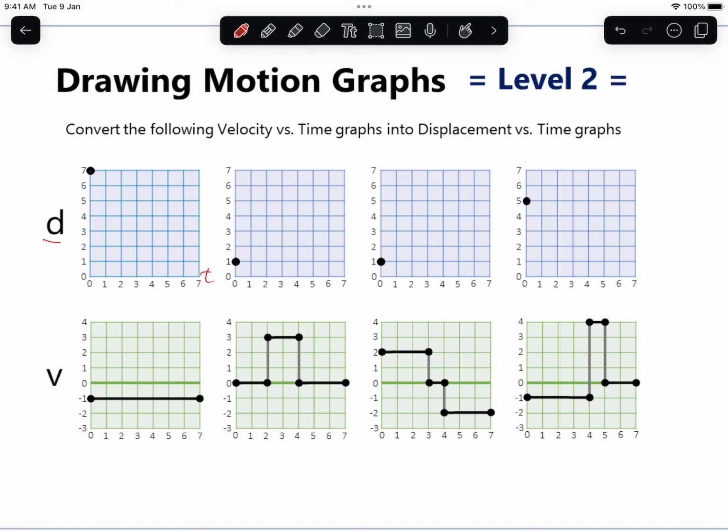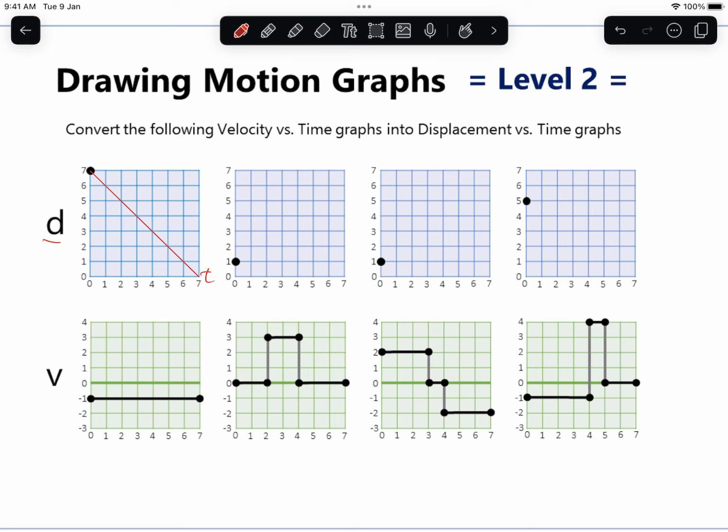If velocity is -1 the whole time, that means I need a slope of -1 the entire time. So a slope of -1 would have to be a negative distance over a positive time, since we're not going backwards in time. And so that means I'm going to be going back 1 meter every second all the way to 7 seconds.